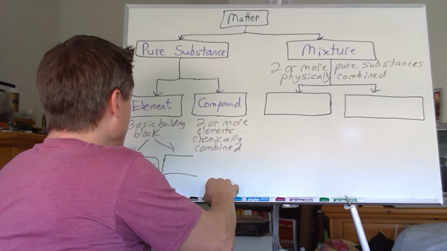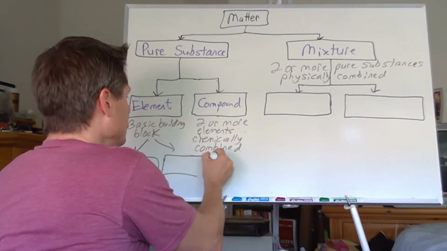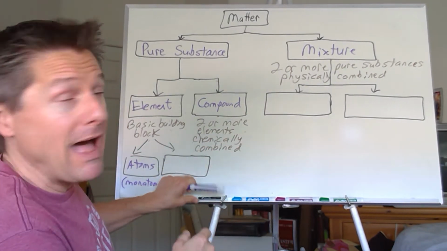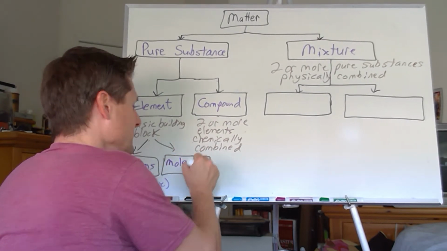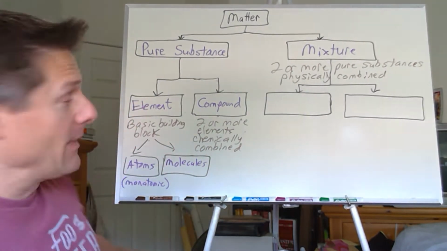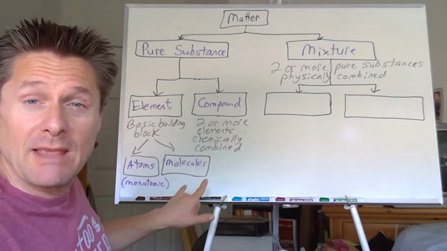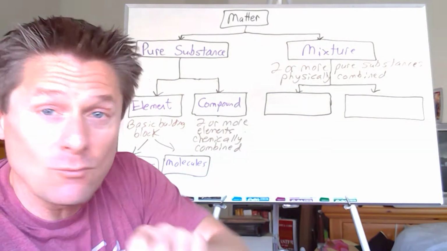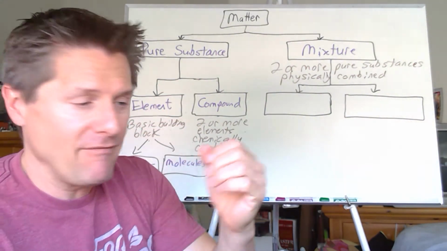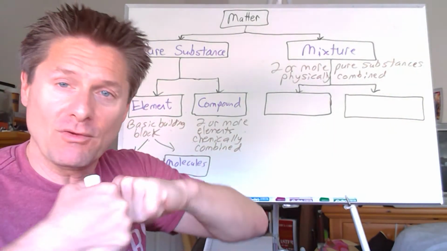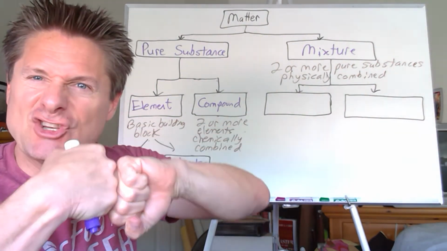But some of these elements consist of particles that are molecules. And a lot of students get confused on that one. So there's 2 different types of elements. There's monatomic elements, where all the atoms are individual particles, or they're made up of atoms combined chemically to form molecules. Most of the ones like this just have 2, right?